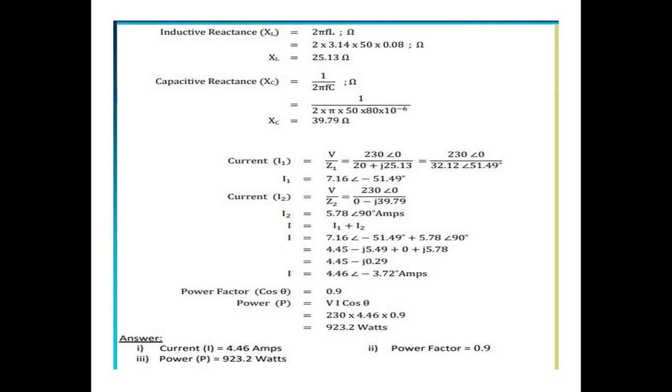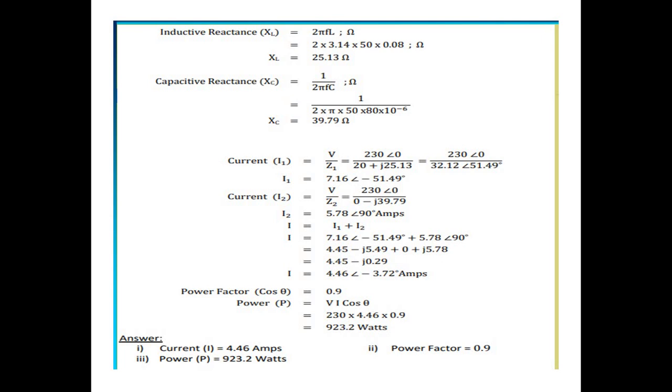Then I is equal to I1 plus I2, 7.16 phase angle minus 51.49 plus 5.78 phase angle 90. The total current I is equal to 4.46 minus j3.72 amps.